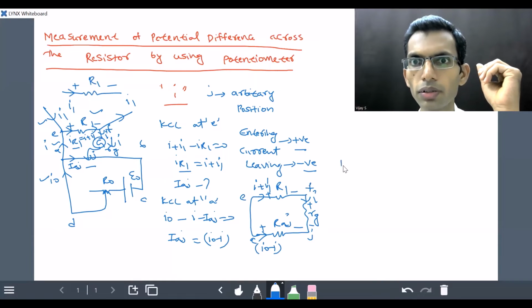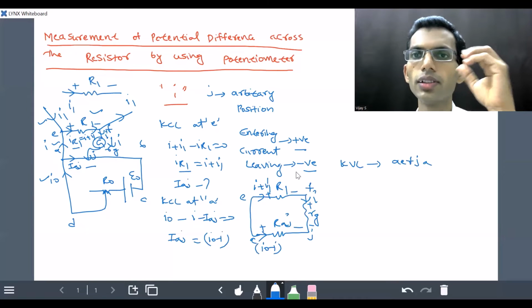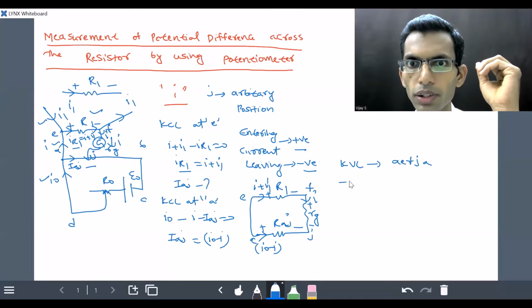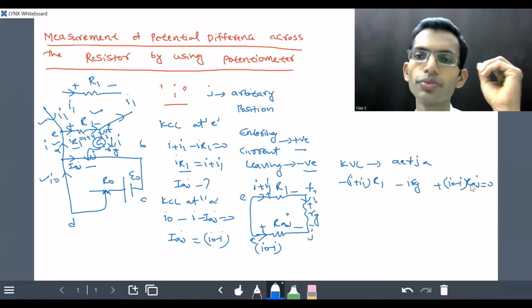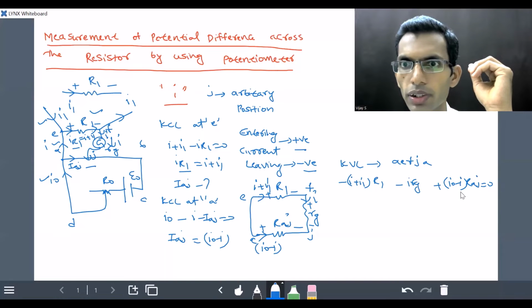AEFJA. So what are we going to get when we apply KVL to this loop, AEFJA? We are going to get minus (I plus I1) R1 minus I into RG plus (I0 minus I) RAJ is equal to 0. So when we separate the terms, what are we going to get?